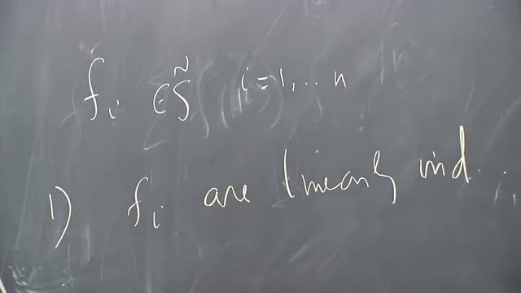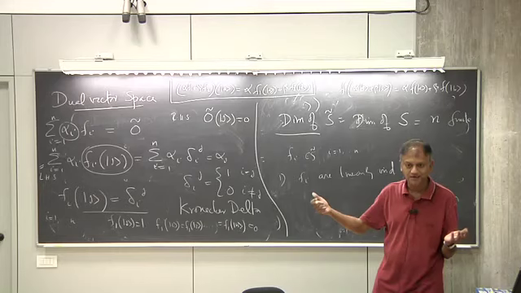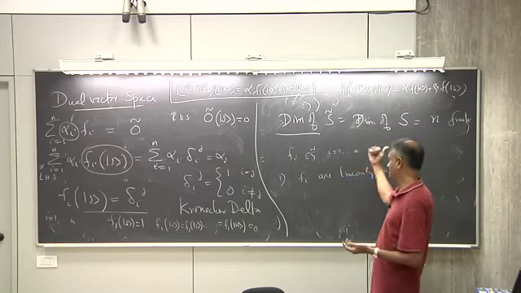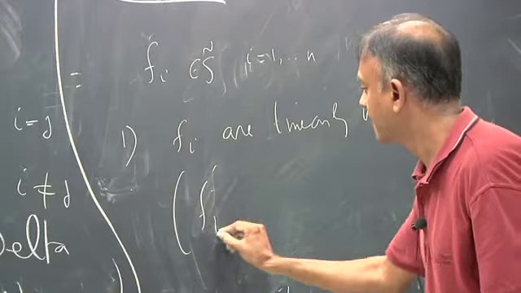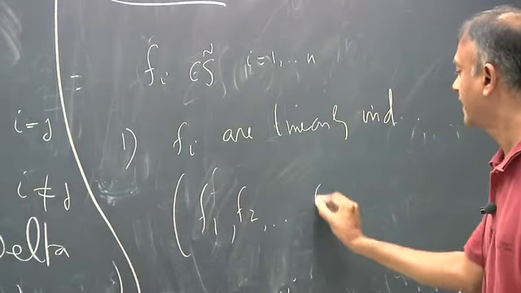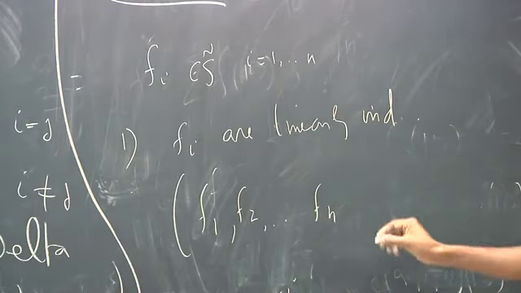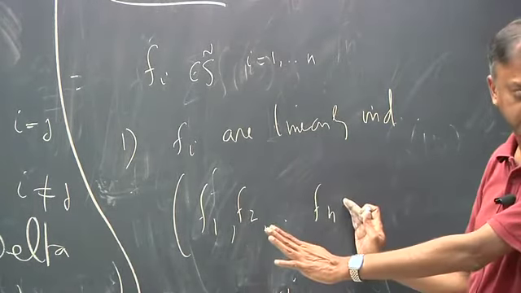What it means is that if I add to this any other function, then it should become linearly dependent, right? We have the list f_1, f_2, up to f_n, these n functions, and we know that these are linearly independent.